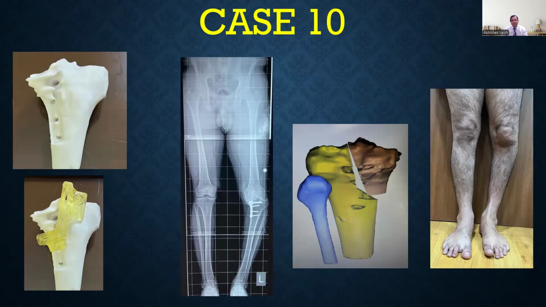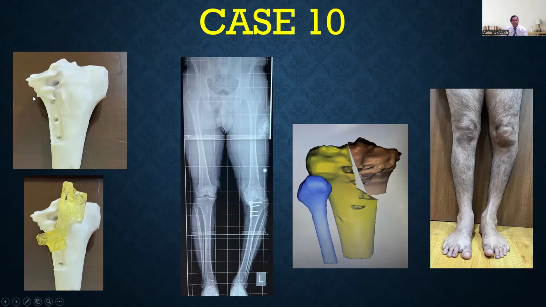So this is another case of traumatic deformity. This patient was operated elsewhere where the fracture was not fixed adequately, and as a result his fracture malunited and he had a varus knee which was extremely painful. So we did a deformity correction using 3D printing.